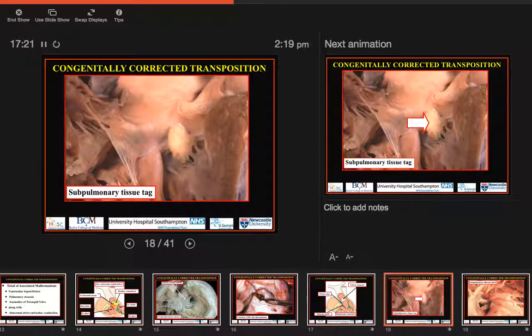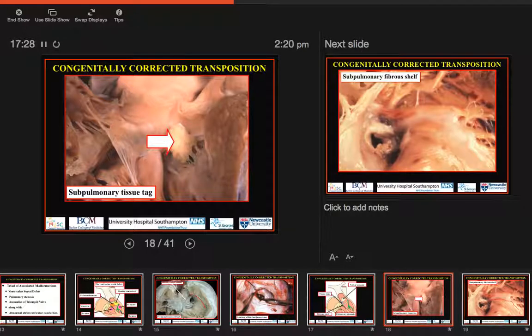And here is a lovely little tissue tag derived from the remnant of the membranous septum that is blowing into the subpulmonary outflow tract because, of course, the left-sided ventricular pressures in the morphologically right ventricle will be higher and will push this tissue tag into the low-pressure pulmonary circulation. Some surgeons, in fact, have unpicked these remnants and have used the tissue to close the ventricular septal defect.